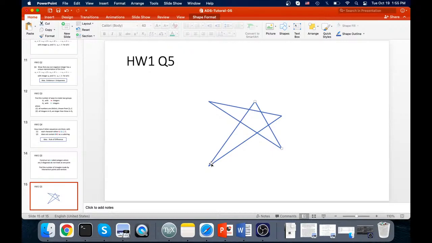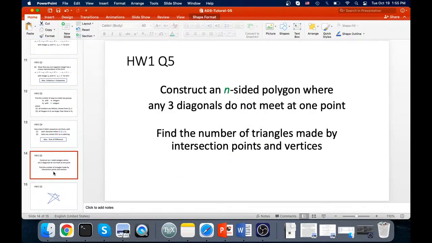So the total number of triangles that we want to count in this case is 5 times n choose 5. Okay, so in summary, by using the rule of sum, the exact number for this problem will be equal to n choose 3 plus 4 times n choose 4 plus 5 times n choose 5 plus 1 times n choose 6. Okay, yeah, I think that's all for homework 1 today.